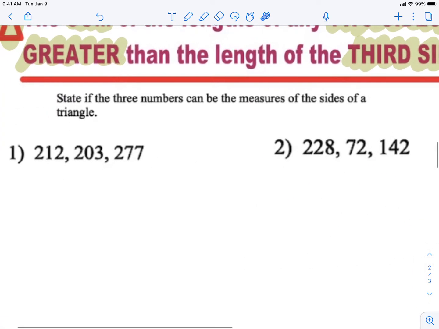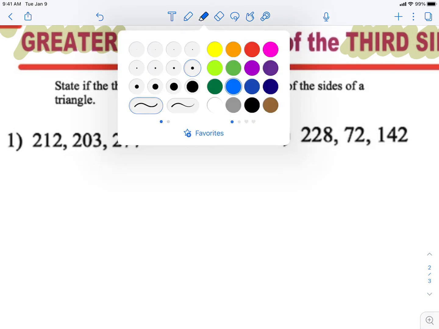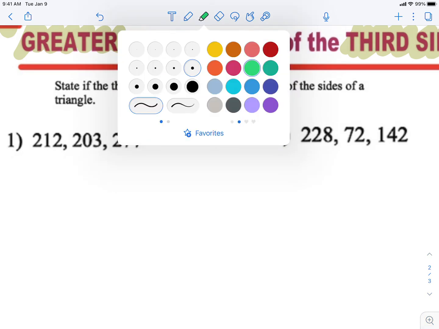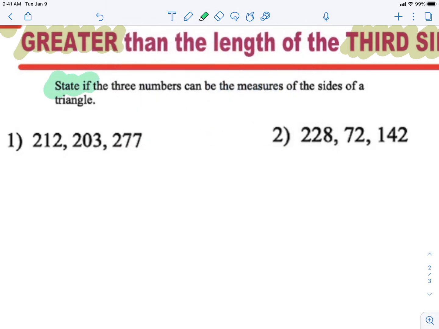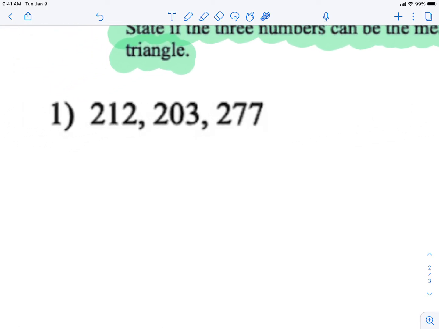So let us see our instructions here. Let us highlight our instructions. State if the three numbers can be the measures of the sides of a triangle. So we're going to do the test and see if these three numbers on number 1 can form a triangle.